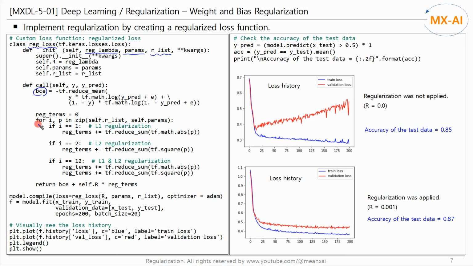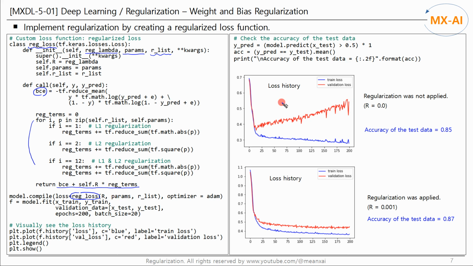Then, for each parameter, we calculate the regularization terms as defined in our list and add them to the loss above. It returns the loss with all regularization terms added. We then compile the model using this loss function. In this way, the regularization can be applied using a custom loss function.